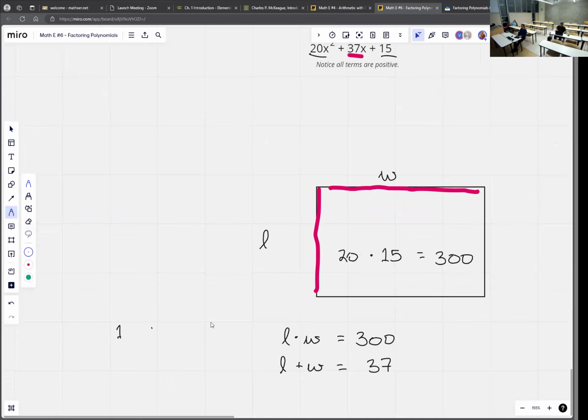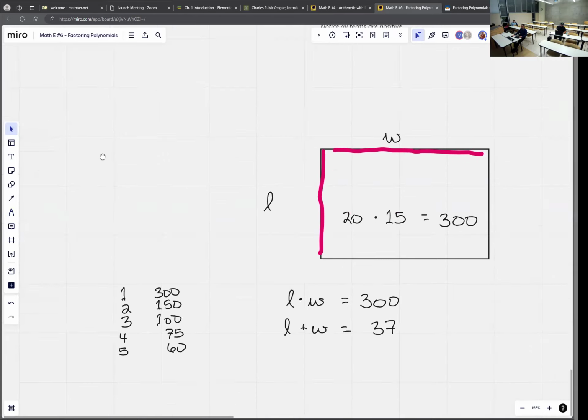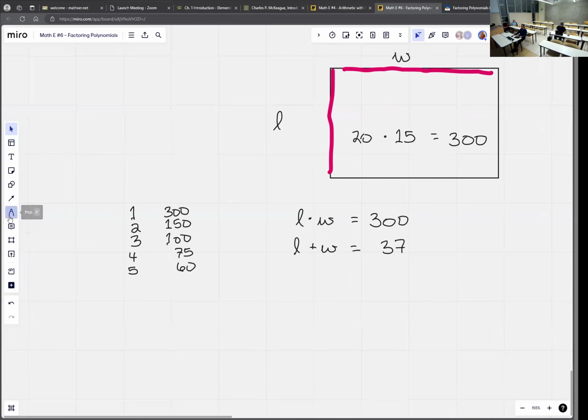So 1 times 300, no. 2 times 150, no. 3 times 100, no. 4 times 75, no. 5 times 60, no. Well, slowly I'm getting closer. 6 times 50, does 7 go into 300?